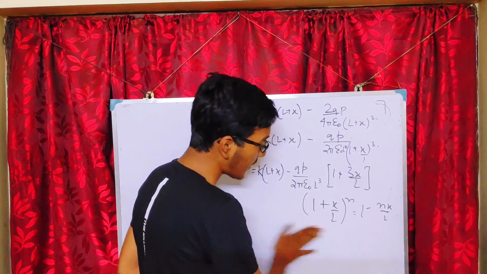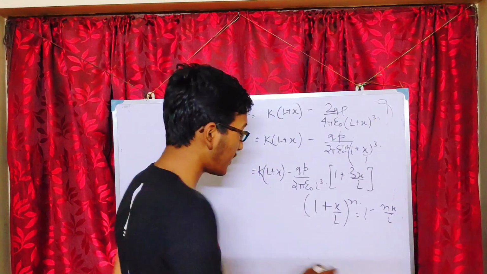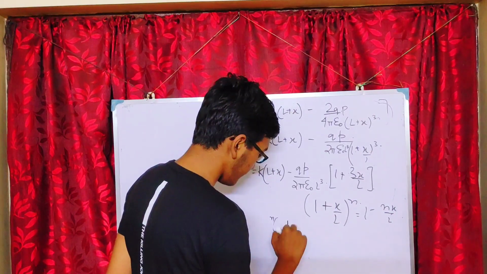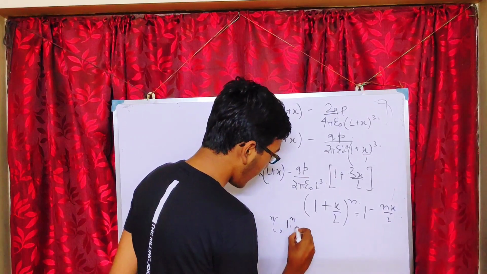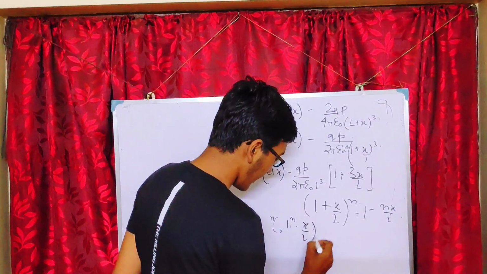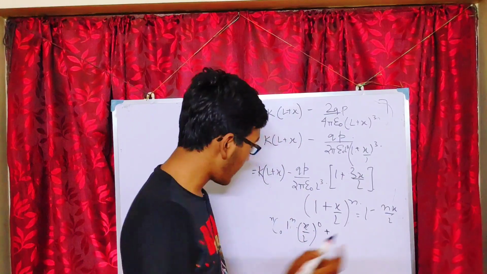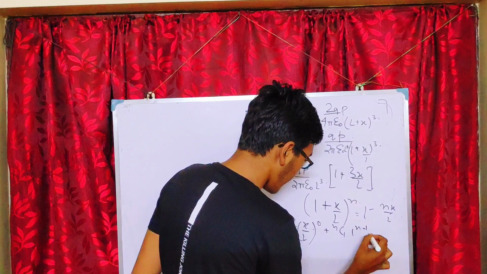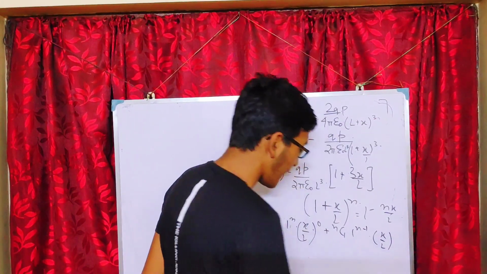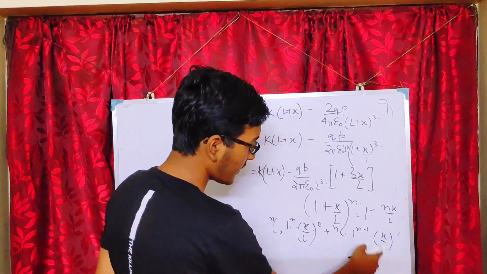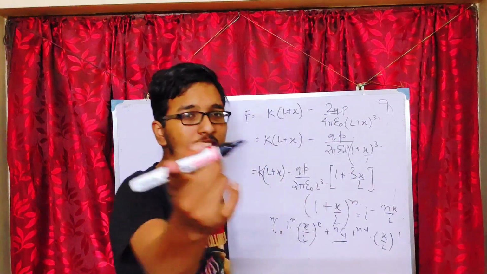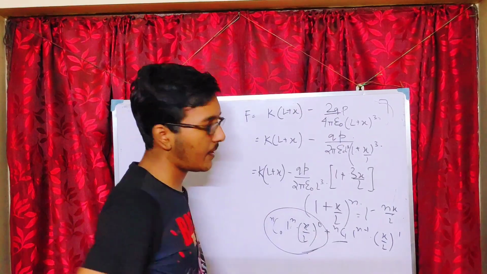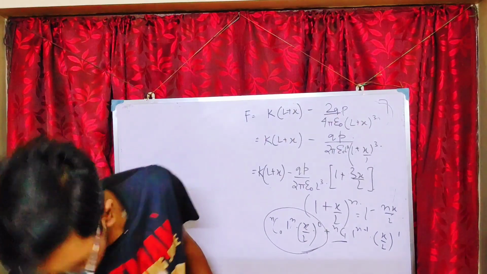Actually if you binomially expand, we are just taking the first term, right? This derivation comes like this: 1 power n and (x by L) power 0, and the next term that you get essentially is nC1 1 power n minus 1 (x by L) power 1. So you get this x by L term into nC1, which is n actually, right? And this whole term becomes 1. That is why you get 1 plus nx by L.